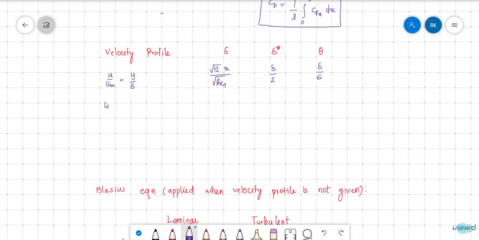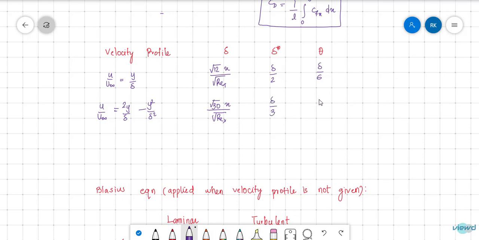Now if a velocity profile is u by u infinity is equal to 2y by delta minus y square by delta square, then delta is equal to root 30 into x divided by Reynolds number at x. Delta star is equal to delta by 3.